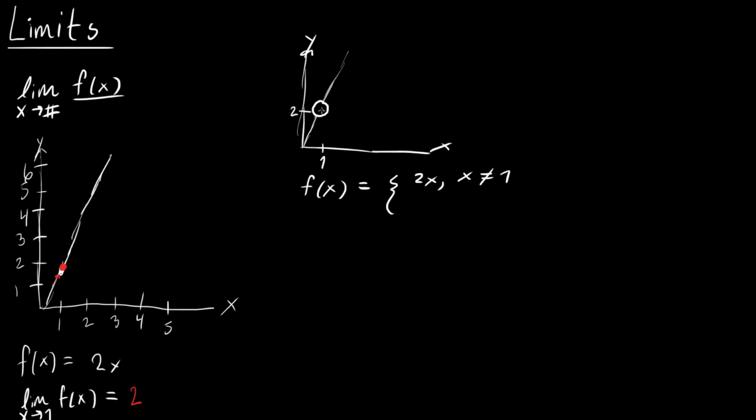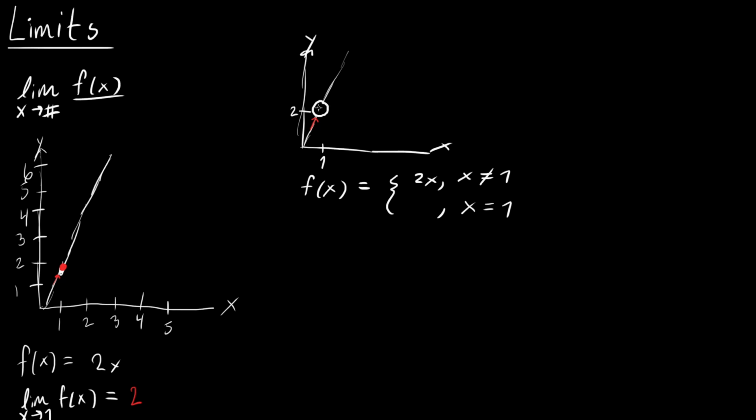And whenever x is equal to 1, there is just nothing. We just assume there's nothing there. So now we just have to ask ourselves, still, the limit as x goes to 1, what does the output tend towards? We do the same thing. We think about, as x goes to 1, what does the output tend towards?